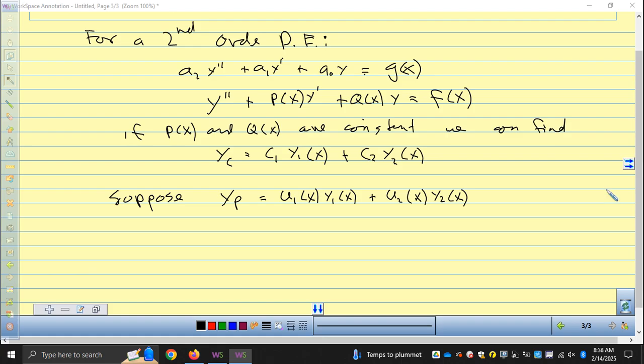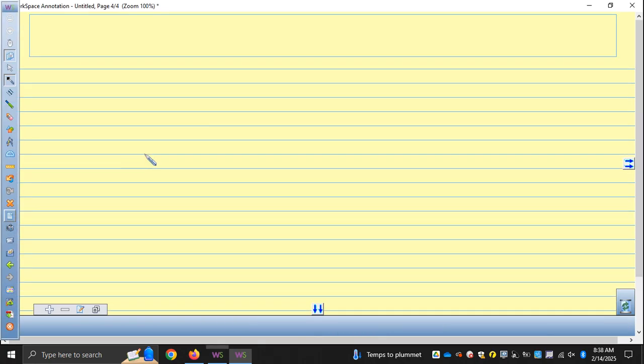All right, so now we're going to take some derivatives and plug them into our differential equation. So there's lots of superscripts, primes, and subscripts.